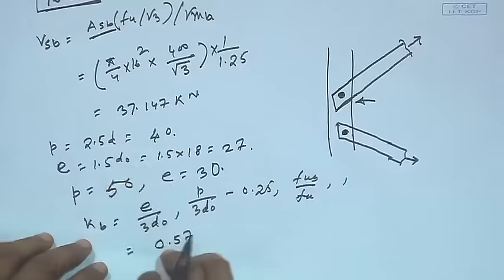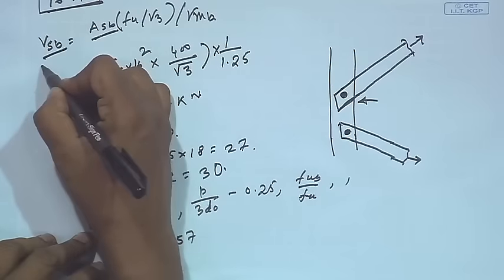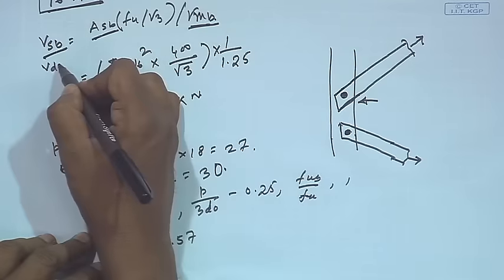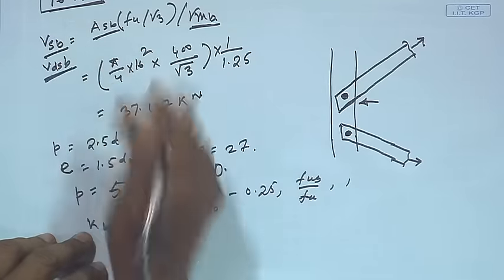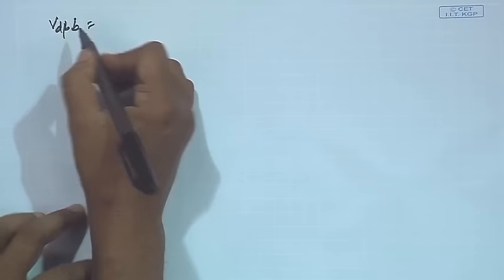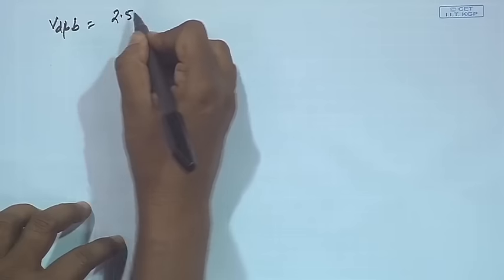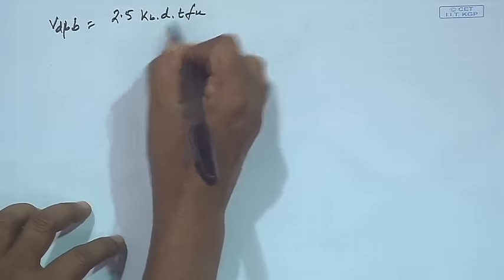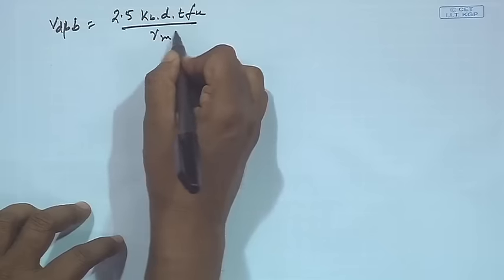Bearing strength VdPb. In fact, this I can make not VSB, actually VDSB, because you have divided by gamma MB, VDSB, the design shear strength, right. So, bearing strength VdPb will be 2.5 Kb dTFu by gamma MB, right.